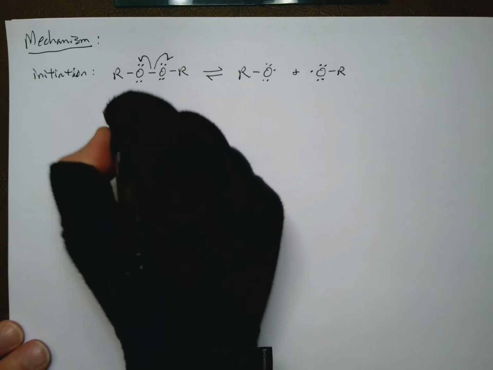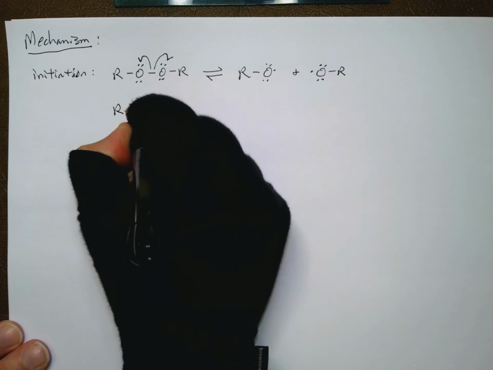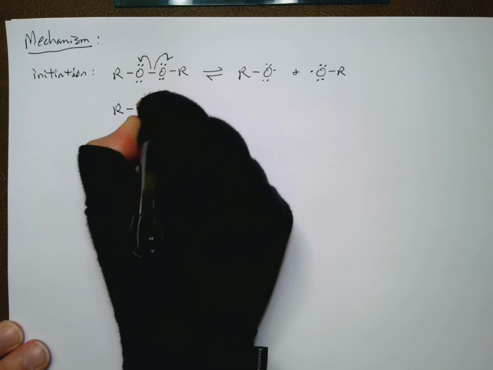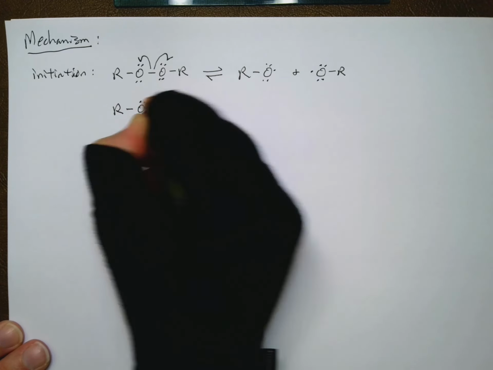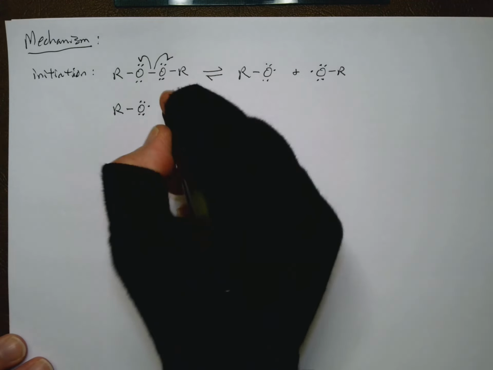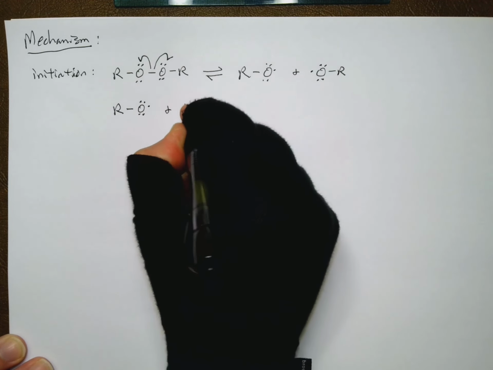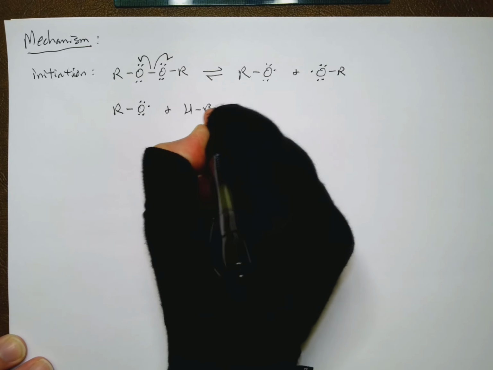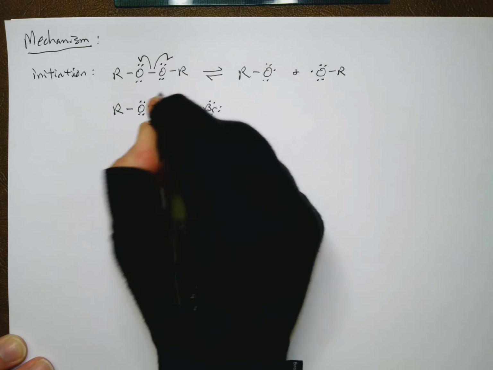And now in the next step, we will have that alkoxy radical. This will react with our HBr, and we'll get a proton abstraction.